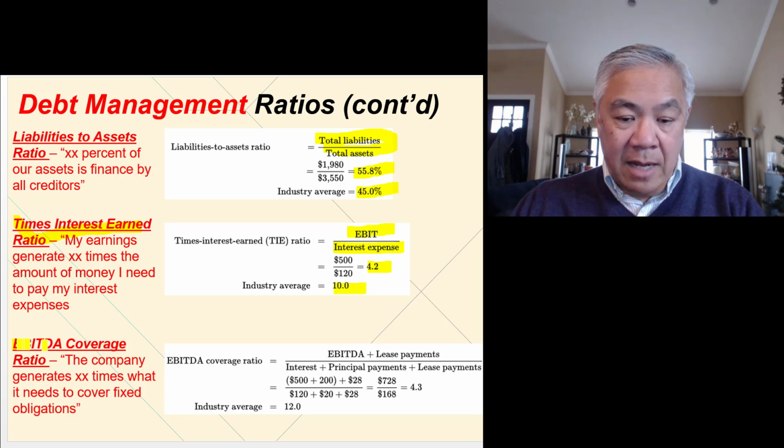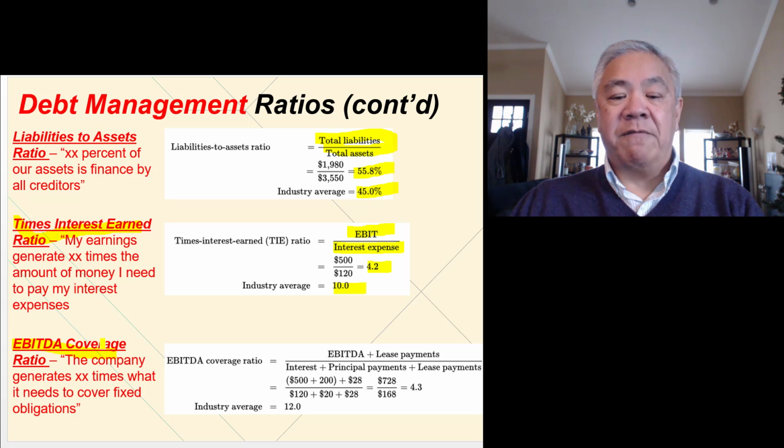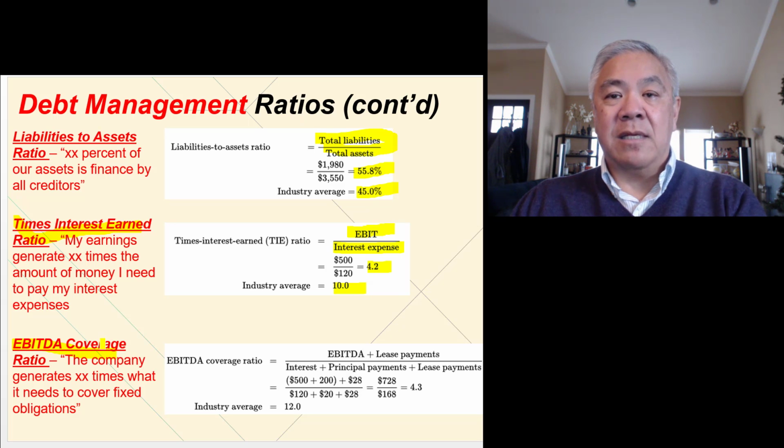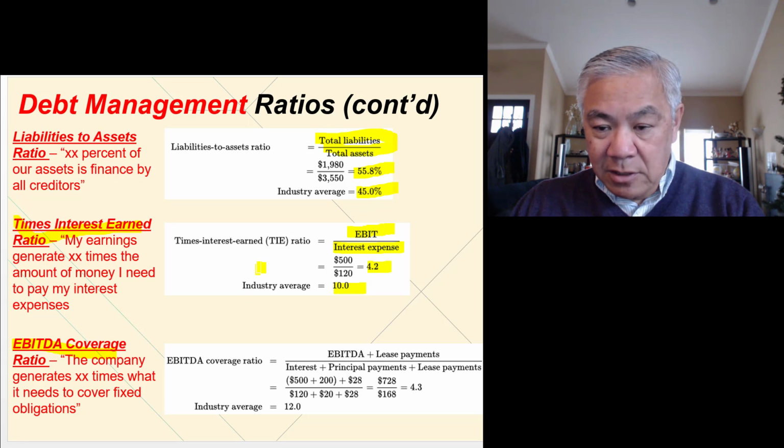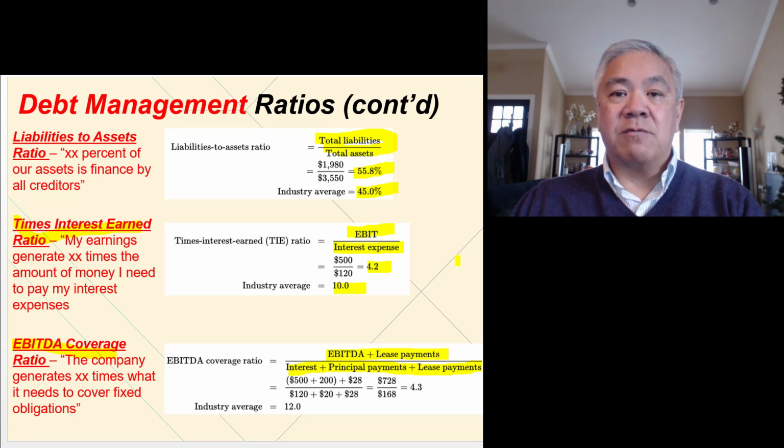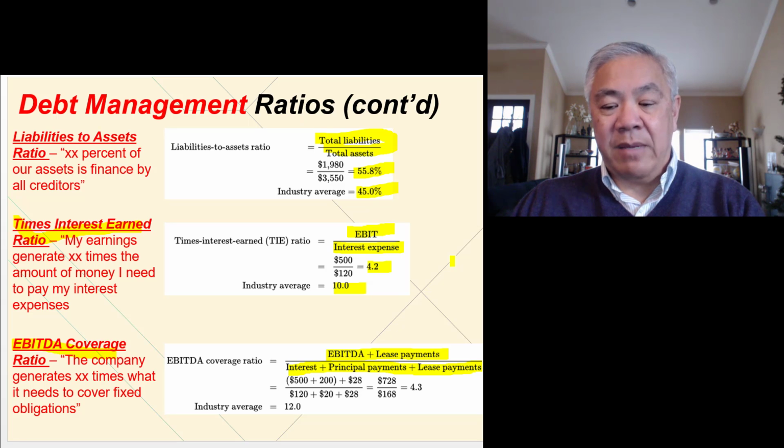The next is EBITDA coverage ratio. This is a refinement on the one we just did, the TIE ratio, because look at the numerator. It's EBITDA plus lease payments divided by interest plus principal and lease payments. So this one looks at a broader view of fixed charges to not only be interest, but interest and lease payments.